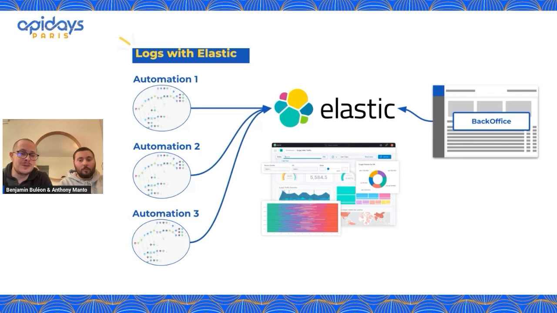So what we did was create a new service called the log collector, and it helped us to push the logs from Make into the same Elastic server that we use for all the logs from our applications.